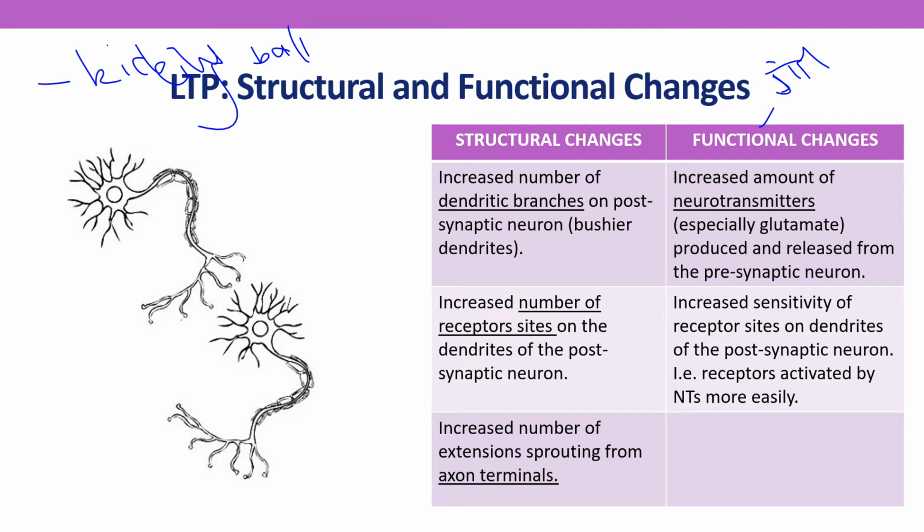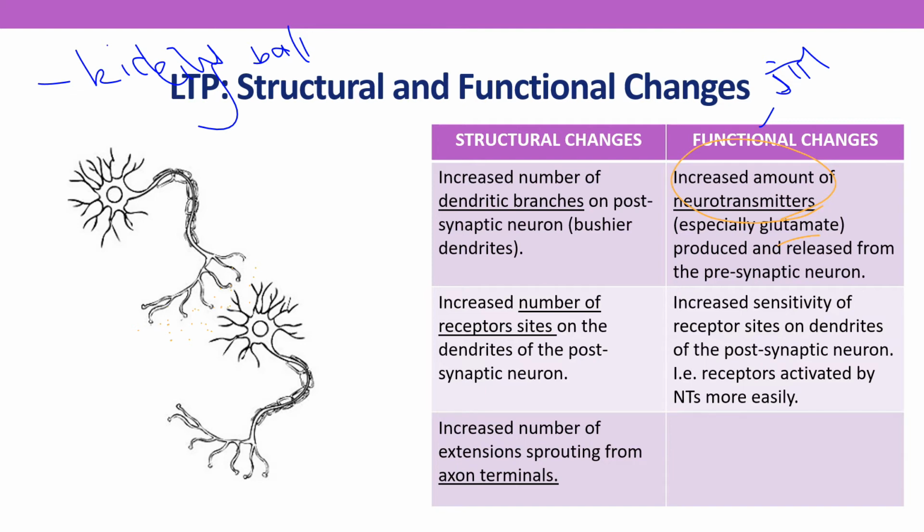Because you are kicking the football over and over, you have increased secretion of neurotransmitter, particularly glutamate, okay? So rather than just a few bits of neurotransmitter or glutamate being secreted, you have lots.